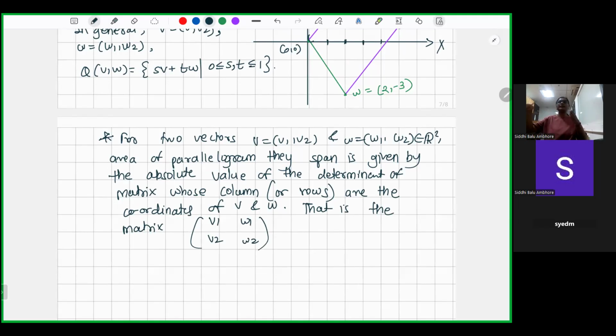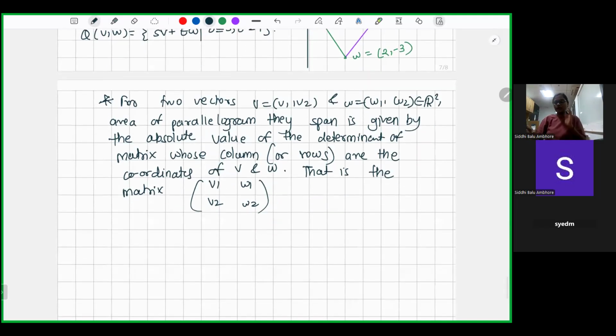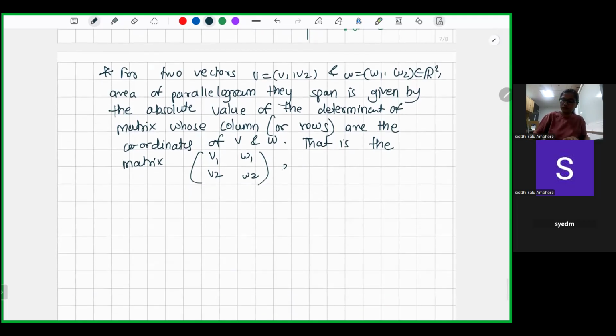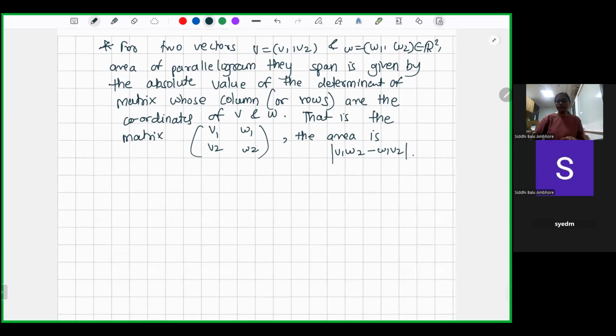You can write them as rows, does not matter. So that is this matrix, and the area will be the modulus of V1 W2 minus W1 V2. Okay, and yeah, that's it.